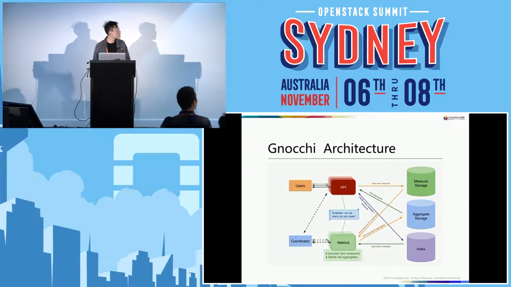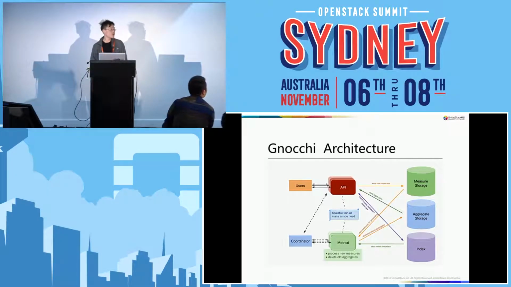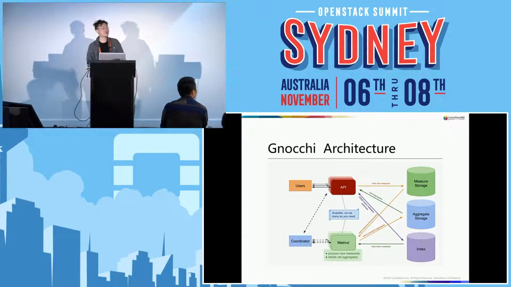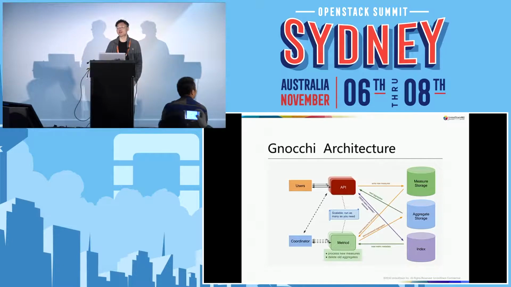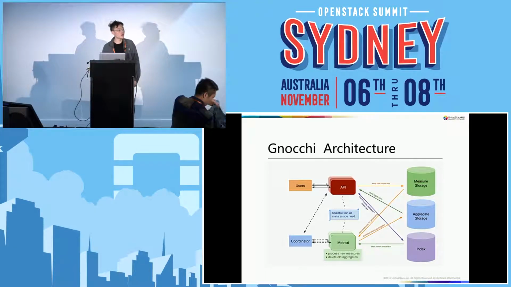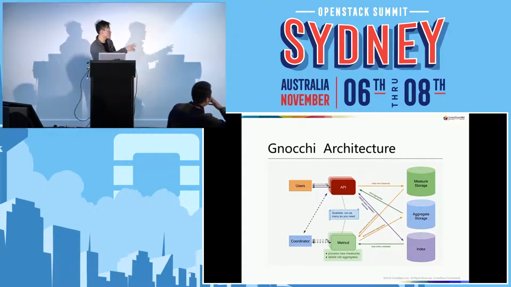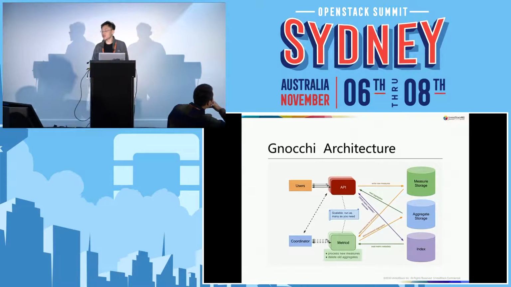So let's see how this happens. First of all, I will briefly describe the Gnocchi architecture here, which is from the OpenStack documentation. Gnocchi is the storage backend for storing sample data, and it provides APIs for users. On the backend, it has 3 storages.